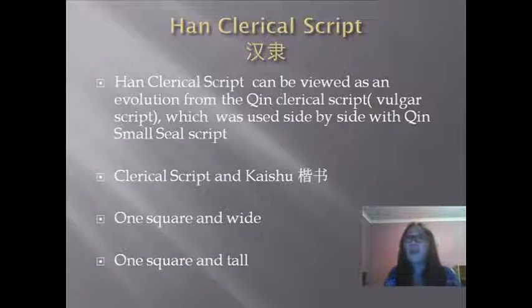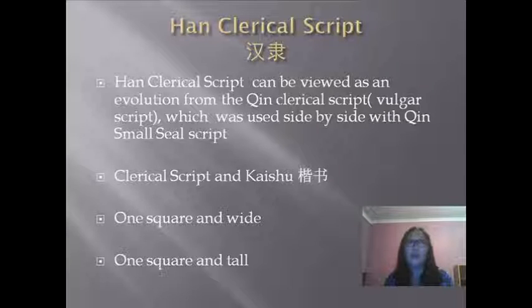Well, Qin Shi Huang conducted this orthographic reform within his empire, that is the use of the small seal script as the only script used within China at that time. But along with the small seal script, there was another script called vulgar script, used side by side with the Qin small seal script, perhaps for different purposes.